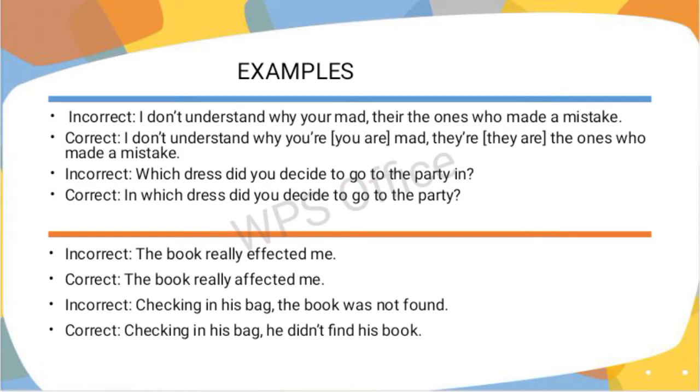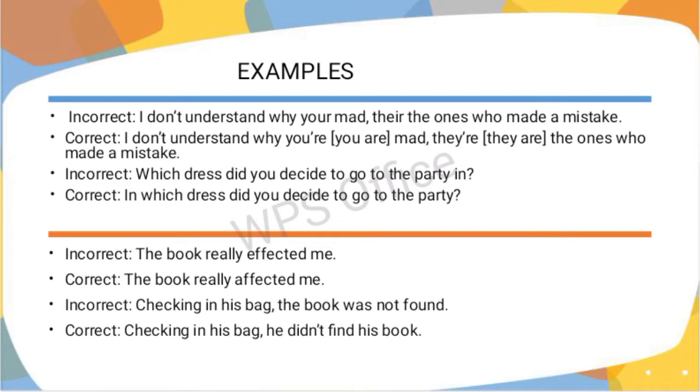Next example is, the book really effected me. And the correct one is, the book really affected me. This sentence belongs to wrong word usage, because as you can see, effected and affected are different, and affected in a sentence is more compatible.